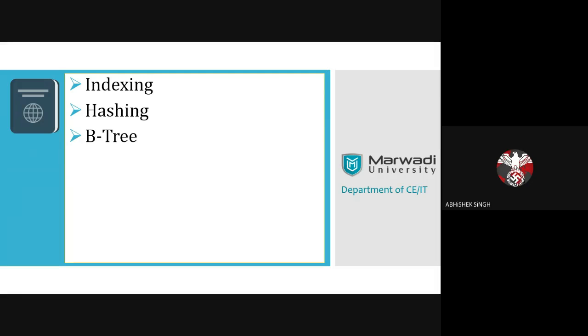Sir, primary indexing is divided into two parts: sparse and dense indexing. Yes, sparse and dense. Okay, then congratulations to all.